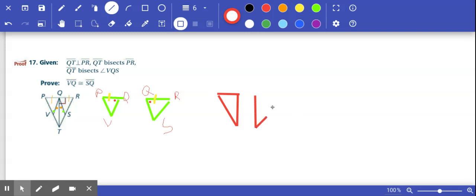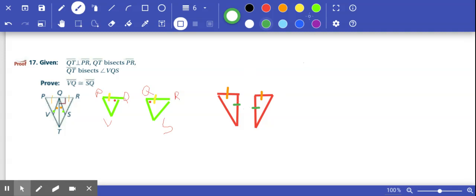Again, I'll draw it in my very best perfect right angle triangles. And what we have is we have that these are congruent, right? We already know that. We have that QT is congruent with QT by our reflexive property, right? They're the same line.